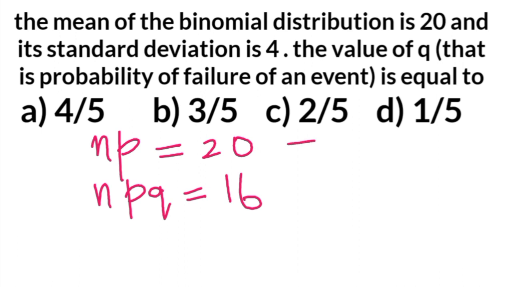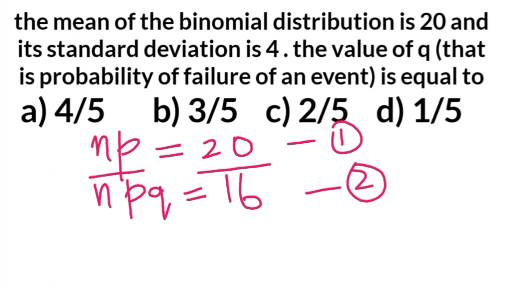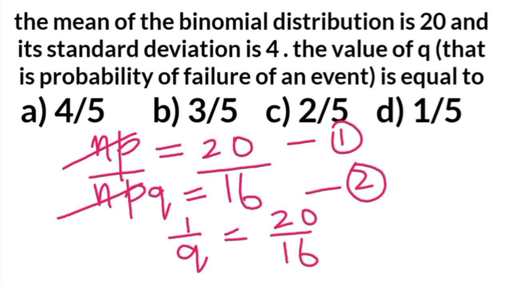So let this be equation first and let this be equation second. We divide equation first by equation second. Here np and np get cancelled. We get 1 divided by q is equal to 20 divided by 16, or reciprocating, q is equal to 16 divided by 20.